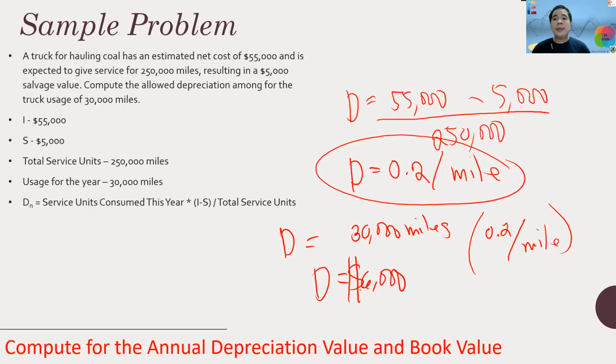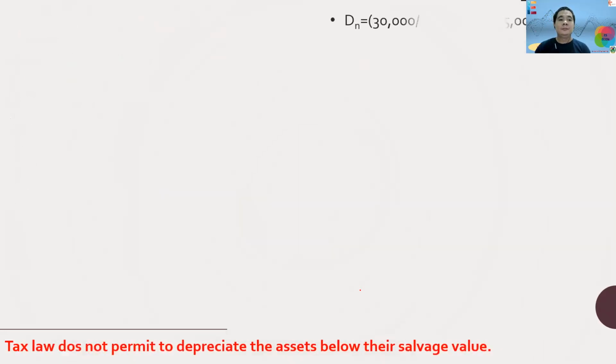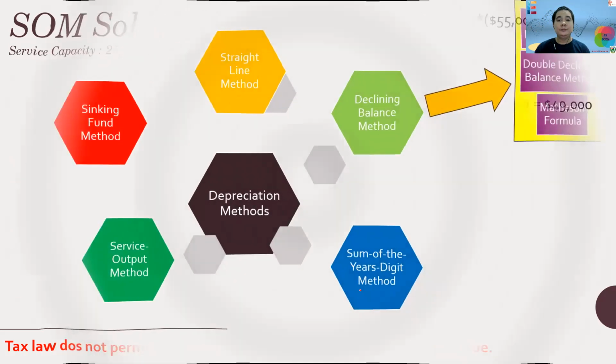So if on the 5th year it exceeds its capacity, you should only depreciate its value based on the depreciable value left. So here is the solution. So the book value for the hauling is equivalent to 49,000.